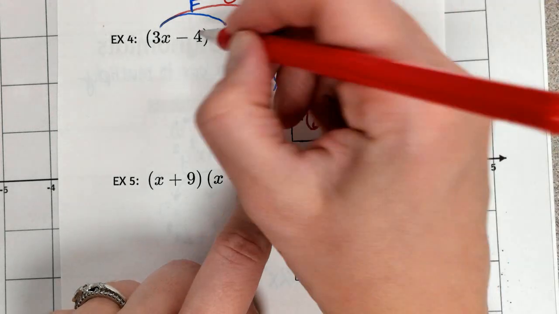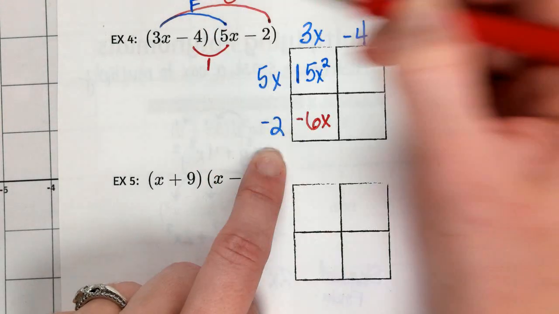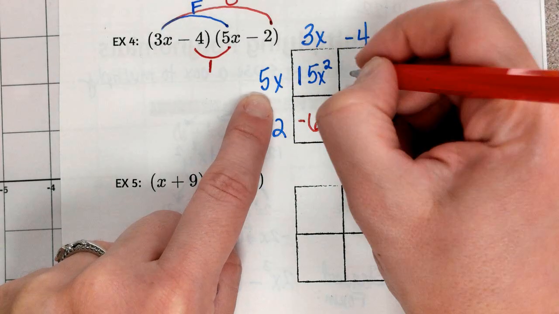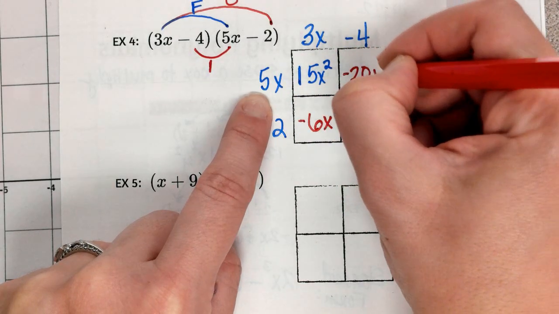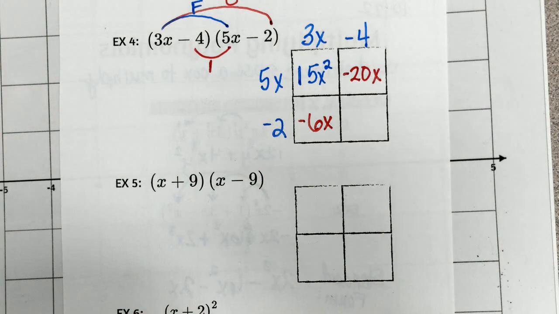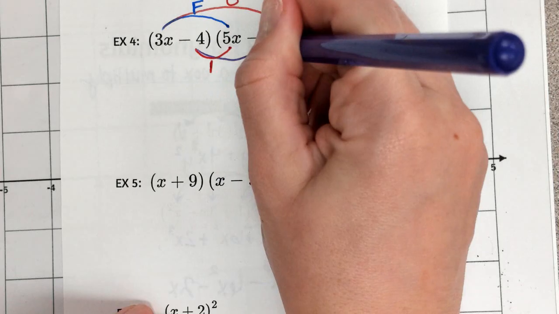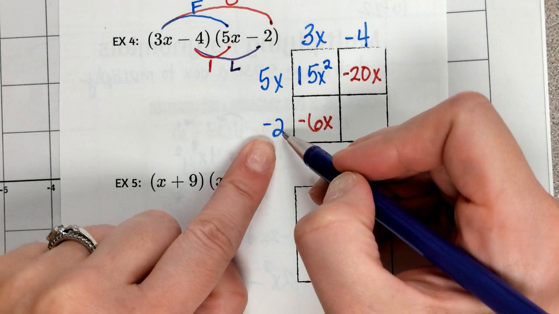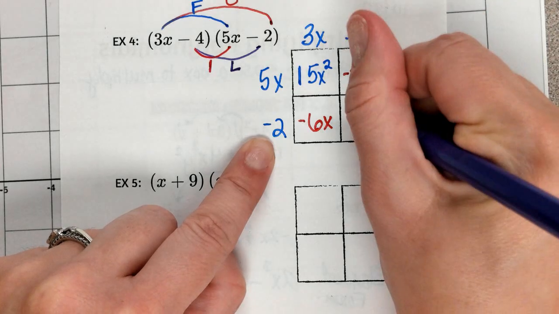And then I'm going to come up here to the I in FOIL, which are the two inner terms. In this case, it would be -4 and 5x. That'd be -20x, right? And then L, our last terms, -4 times -2, that's a +8.